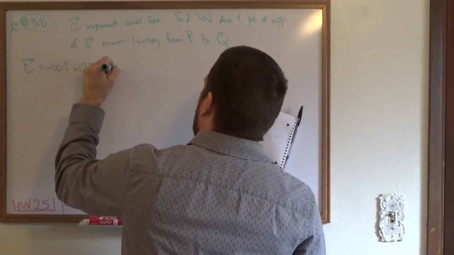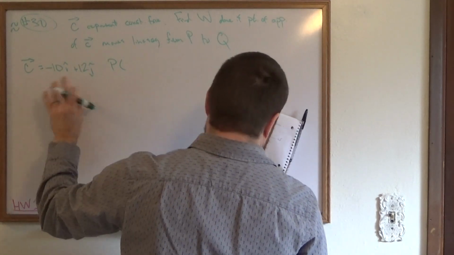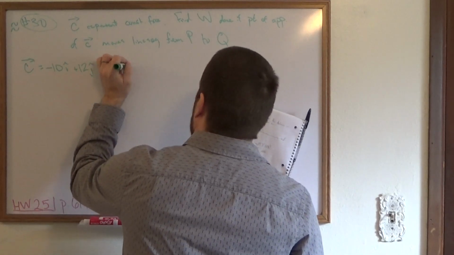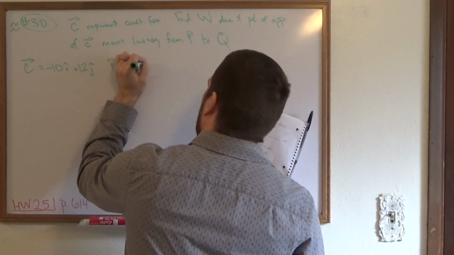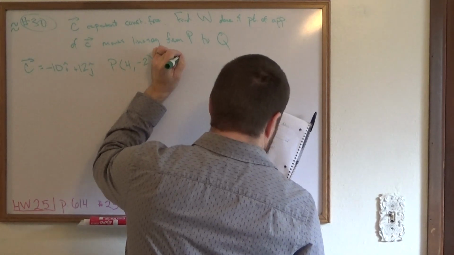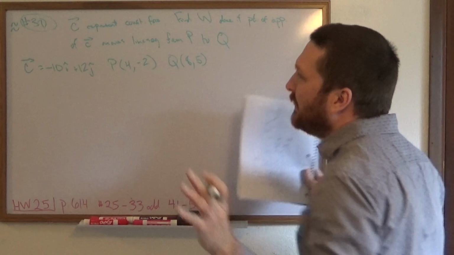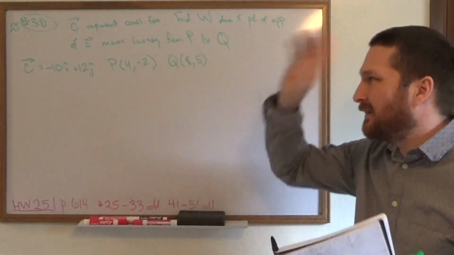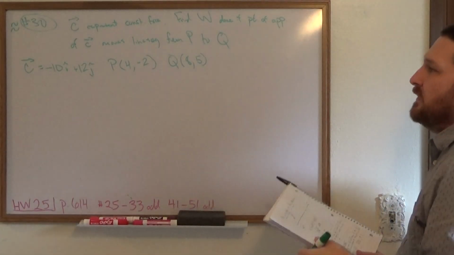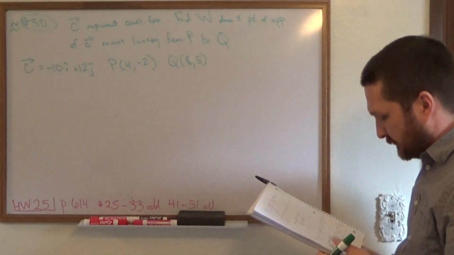And from now on in this class, anytime it says to do something with i hat and j hat, you could just use the regular old angled brackets. I am fine with that. I want you to get kind of used to it, and then we're going to forget about it. So as far as I'm concerned, that's negative 10 comma 12.